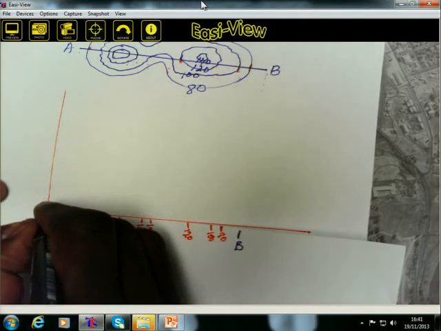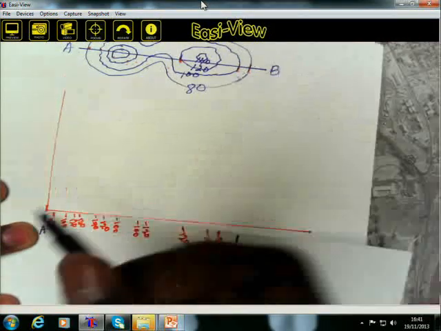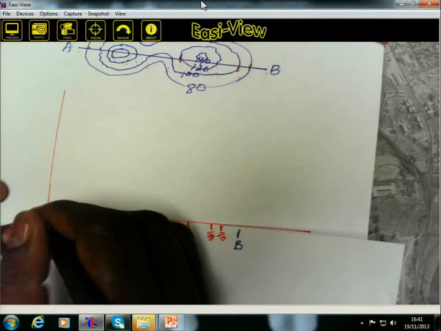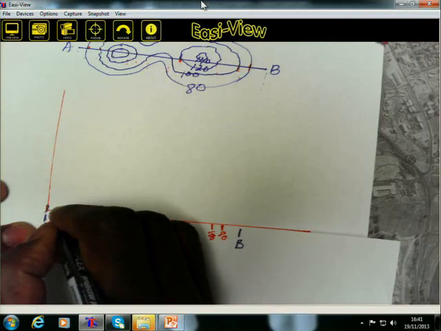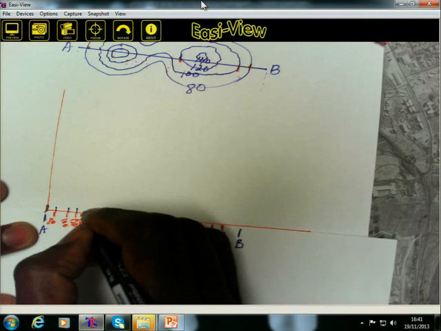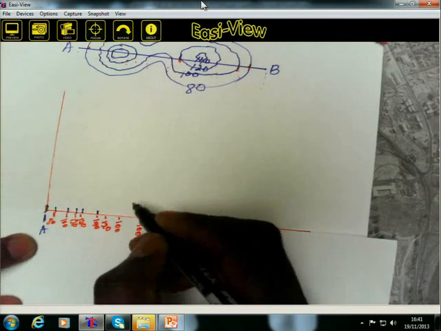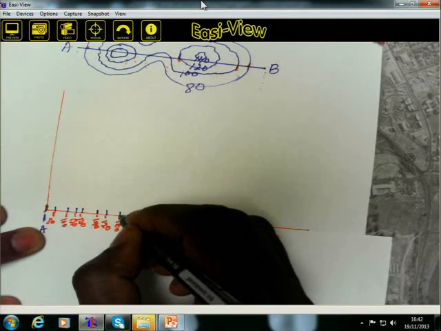Then this will be, I use a different pen so that it becomes much clearer. Then the second one and the other one, we mark them as it appears on your paper.